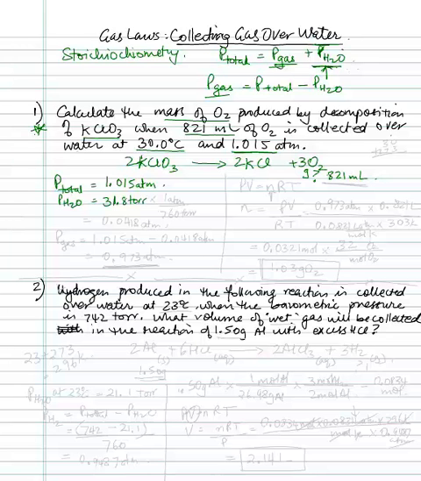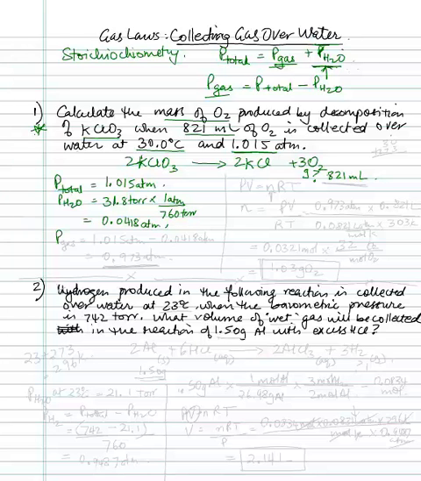Okay, so the pressure of water vapor at 30 degrees Celsius is 31.8 torr, so you convert that into atmosphere, 760 torr here, which is equal to 0.0418. It's a very, very small amount, but it is significant. Okay, so don't skimp on that. All right, make sure you do it, because when I grade your papers, I will be looking at that.